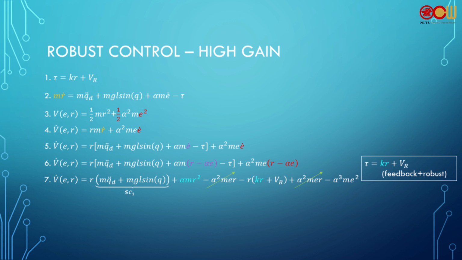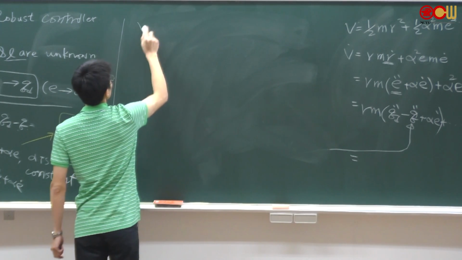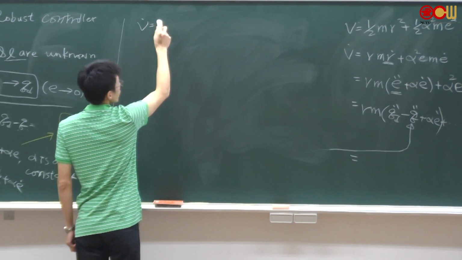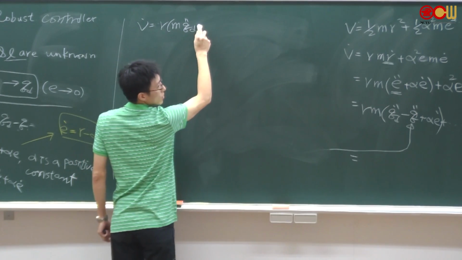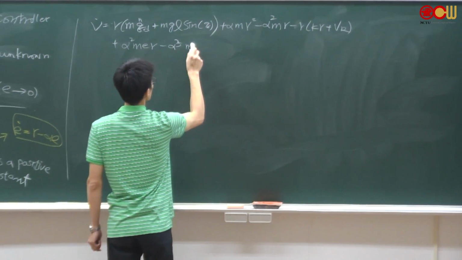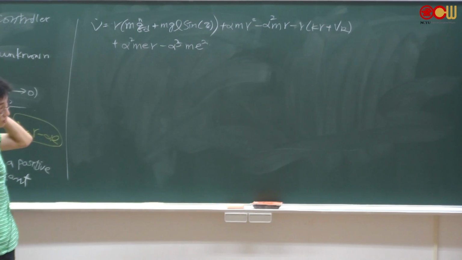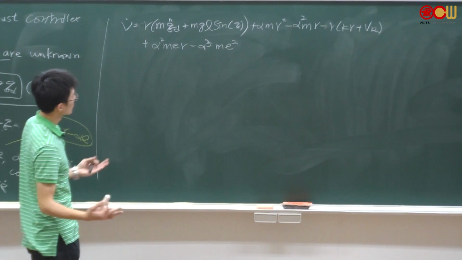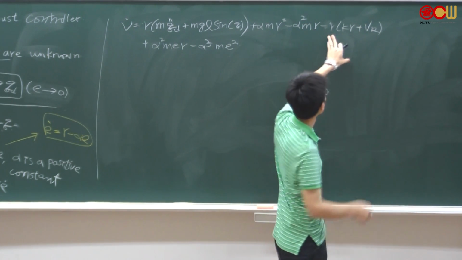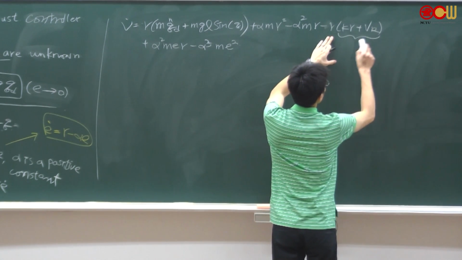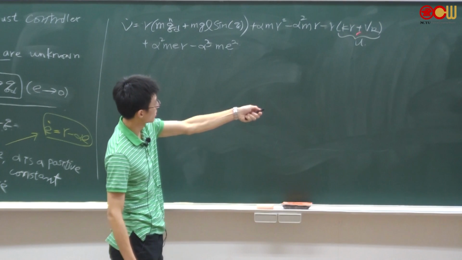So now there's another question. Let me repeat step 7 here. So I have a question for you. MQ, okay, this is step 7. So question for you. This originates from, this is basically U, right? This is U. We design U as this.